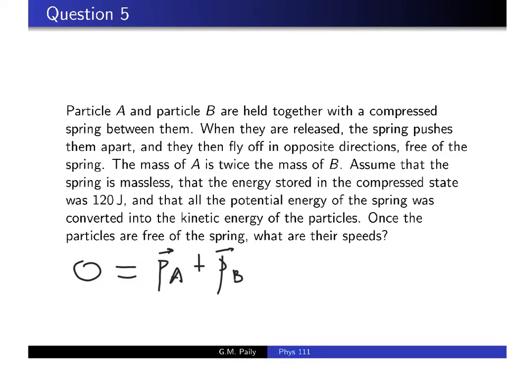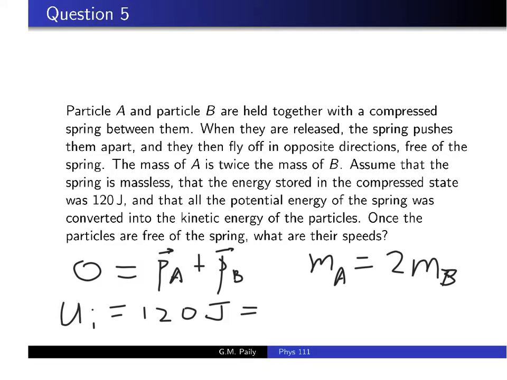We also know that the mass of A is twice the mass of B. We also know that the initial potential energy is 120 joules, and that it is all converted into kinetic energy. And so we have that KA plus KB should be 120 joules.